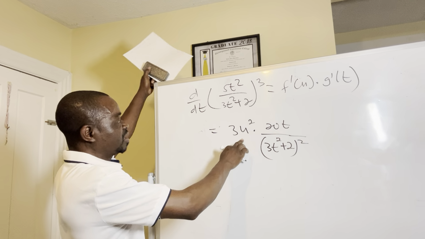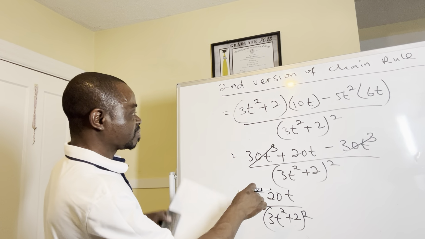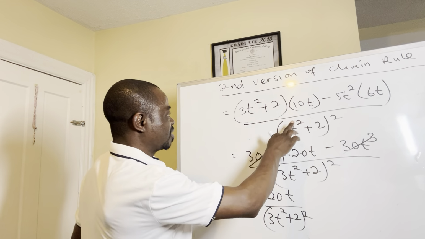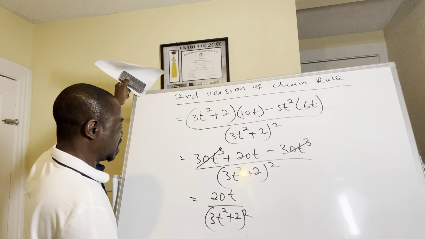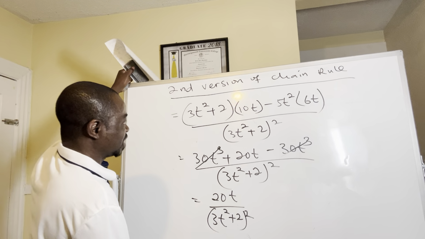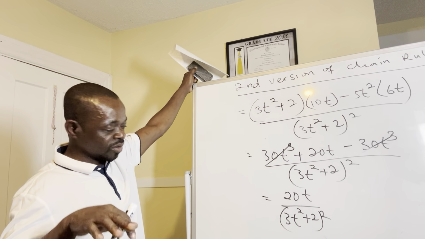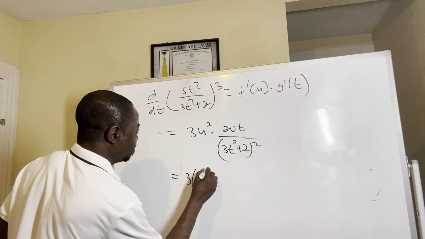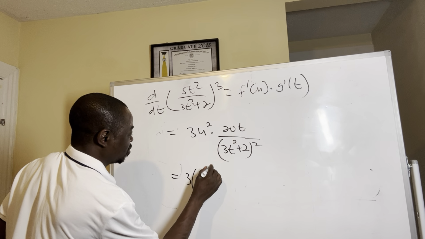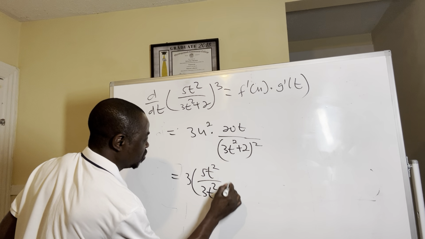And then bear in mind, our u is the same thing as 5t squared all over 3t squared plus 2. So we replace the u with 5t squared all over 3t squared plus 2.